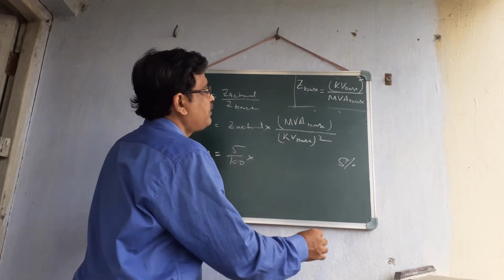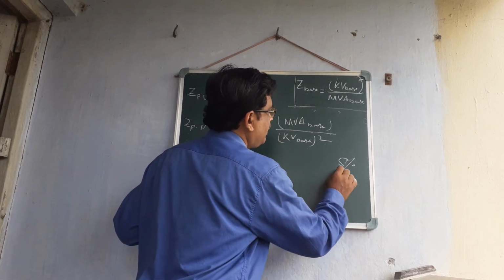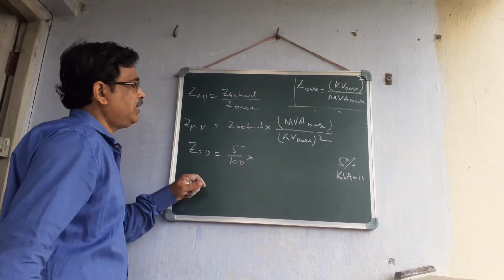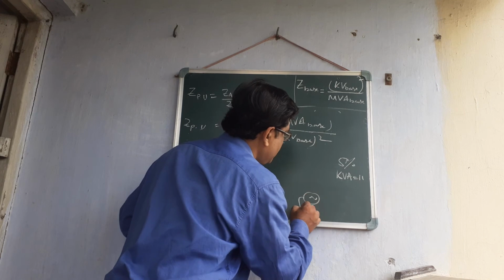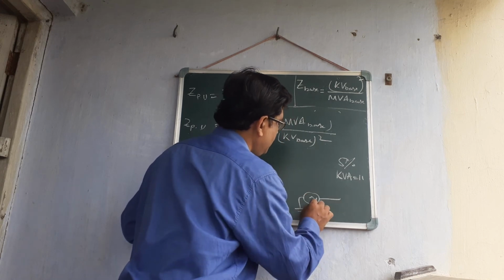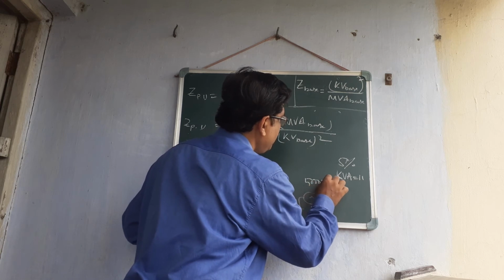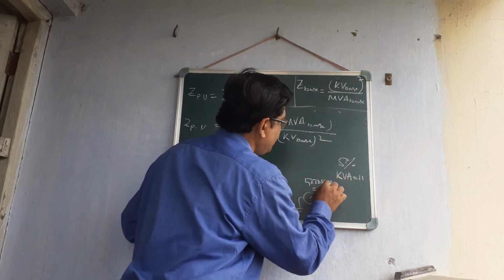Assume its kVA base is 11 kV. Consider the case of the generator. In the previous case, it was 11 kV and 5000 kVA, that means it is equal to 5 MVA.